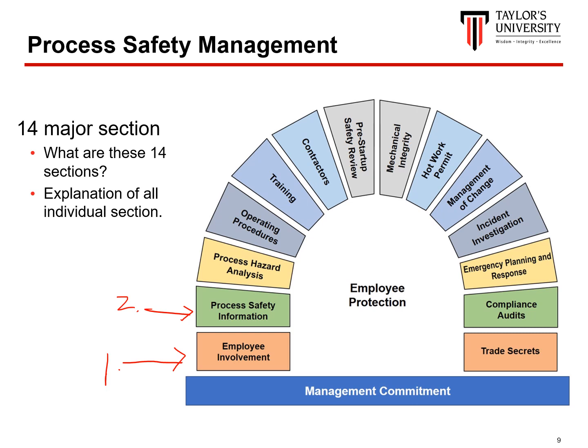This information includes block flow diagrams or process flow diagrams, the process chemistry, and the process limitations such as the temperatures, pressures, flows, and compositions. The consequences of process deviations are also required. This process safety information is needed before training, before the process hazard analysis, and before management of change.